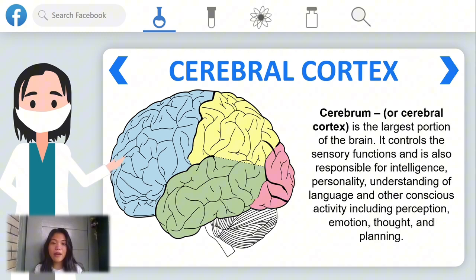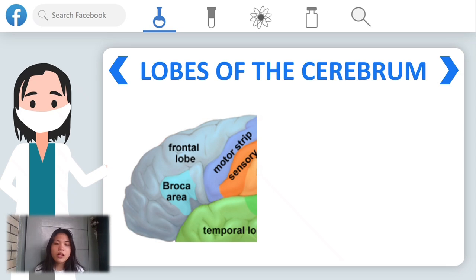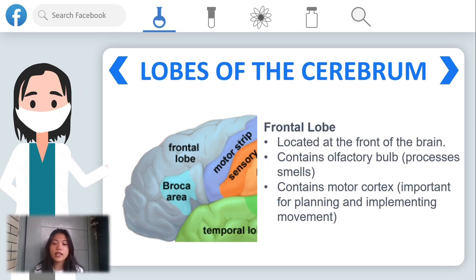Then we have the lobes of the cerebrum: the frontal lobe, the parietal, the temporal, and occipital. The frontal lobe is located at the front of the brain. It contains the olfactory bulb, also the processes of smell, and contains the motor cortex, important for planning and implementing movement.